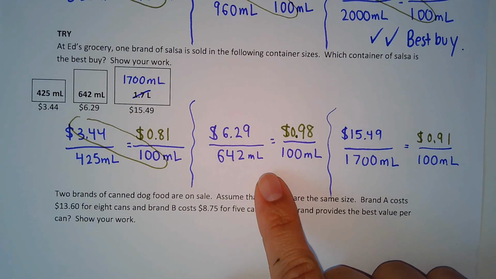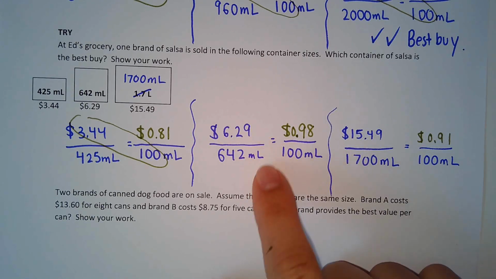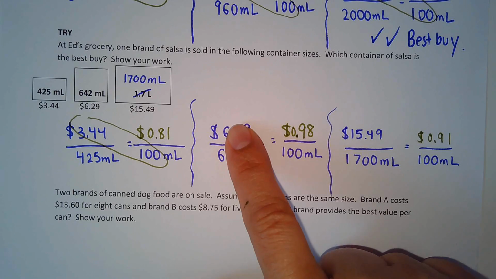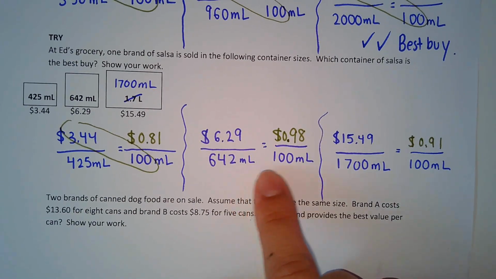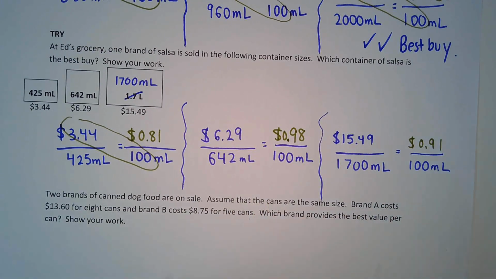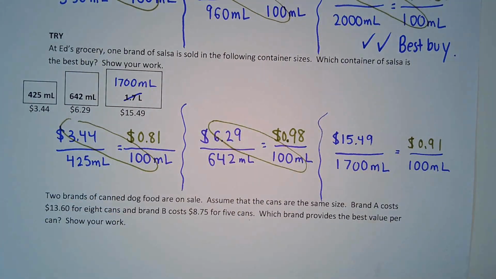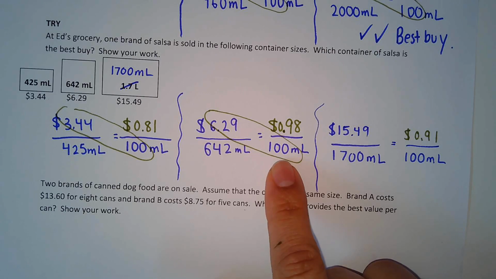Okay, the second container, $6.29 for 642 milliliters. Remember, money's always on top. We want to find the price per 100 milliliters, so we use cross multiplying again, and I ended up with a price of 98 cents per 100 milliliters.